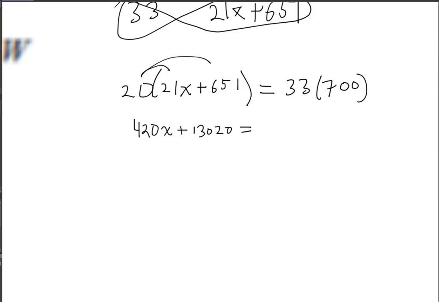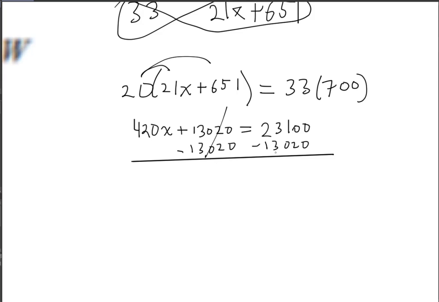All right, 33 times 700. Oh, 33 times 700 is equal to 23,100. Okay. All right, so now that you have all that, you're going to go ahead and subtract 13,020 from both sides, right?